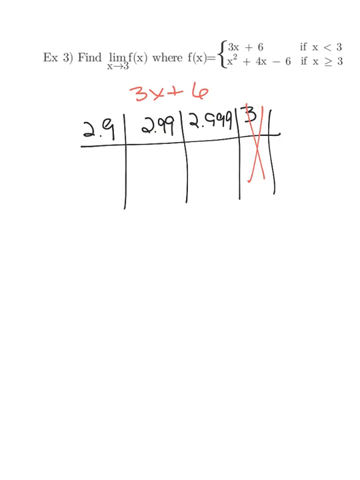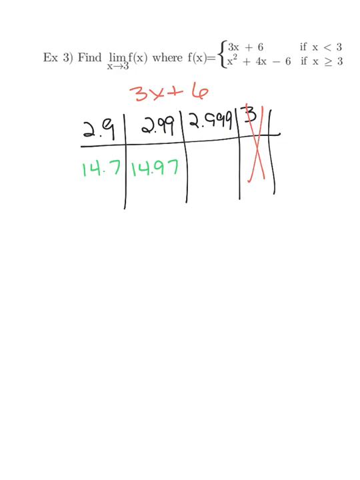If we put 2.9 in for x on 3x plus 6, we will get 14.7. If we put the 2.99 in, we will get 14.97.